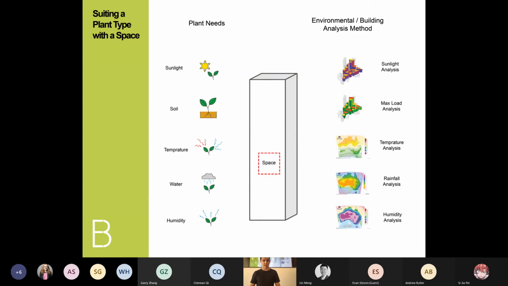Using climate and building data, we can find out how much sunlight a space is exposed to, how big a load the space can take, what its temperature is, how much rainfall it gets, and what its humidity level is. Then we can compare the conditions of the space against the needs of the plants and find out what type of plant is best suited for the specific space.